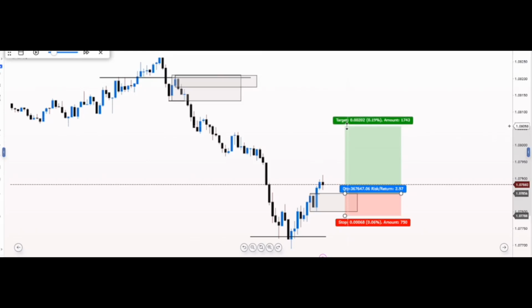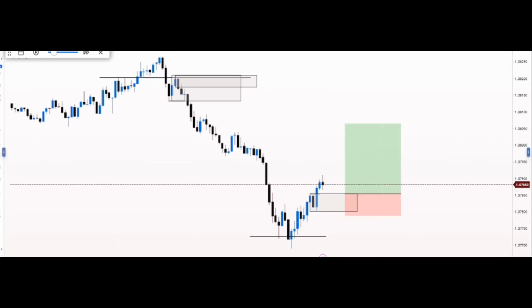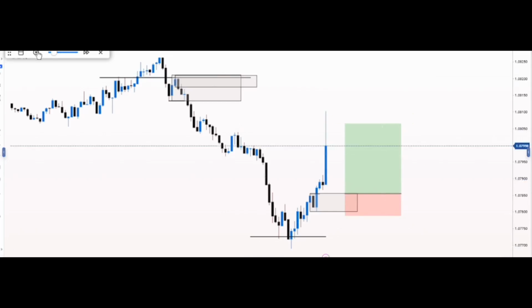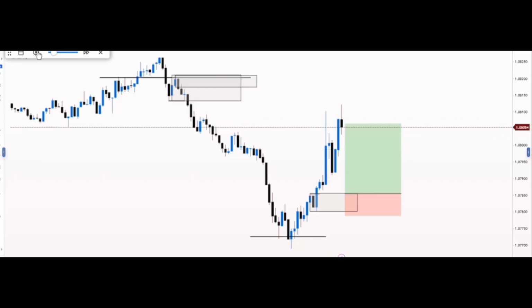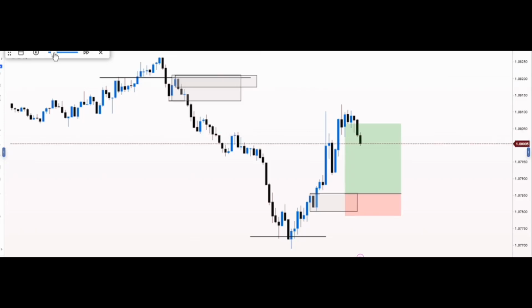Okay, that's roughly, let me see. Okay, that's roughly 1 to 3. So let's play price and see what happens. Let me make it a bit faster.